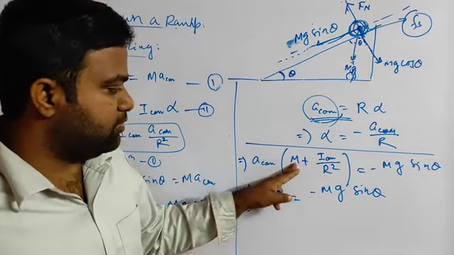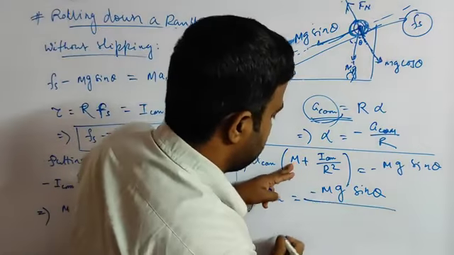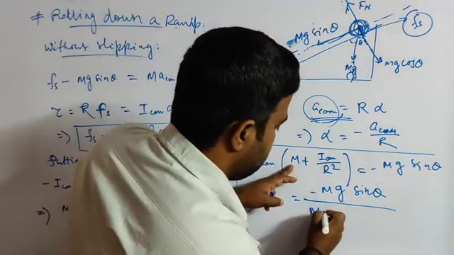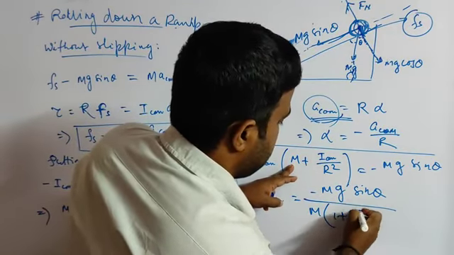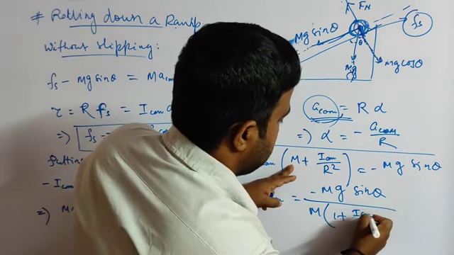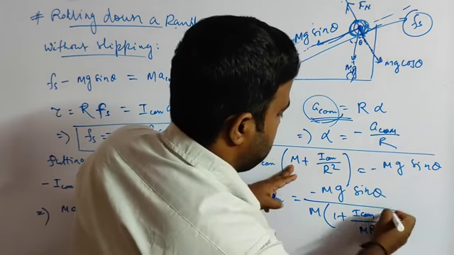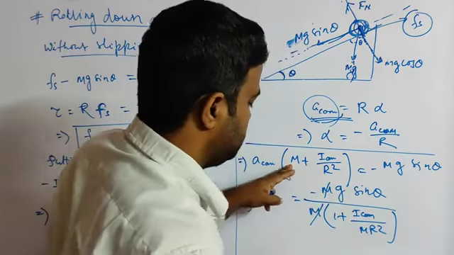Here you can take m common in the denominator. We'll take m common, so it will become m times 1 plus I center of mass by mr square, and m gets cancelled.